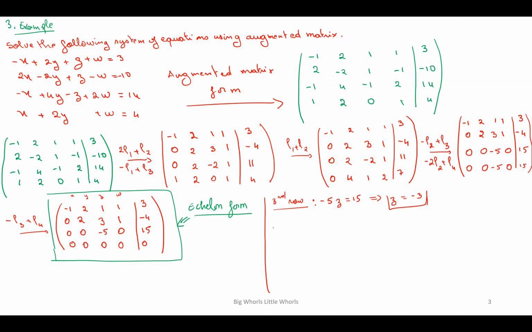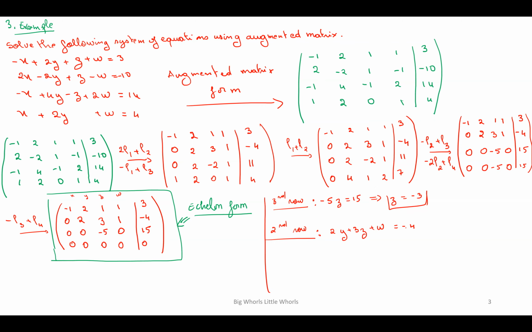If you pick the second row of the echelon form, what do we have? We have 2y plus 3z plus w equals minus 4.